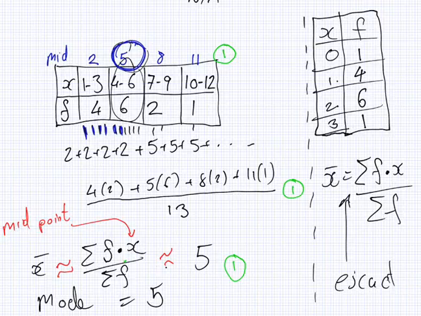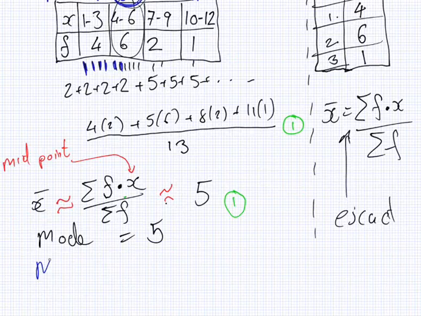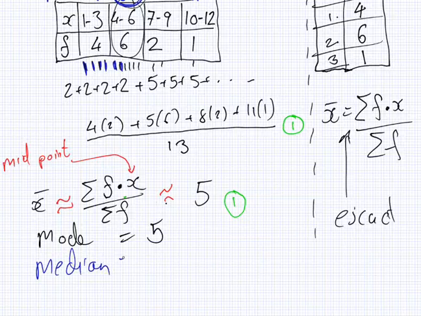Now, again, it's not exactly 5. Later we will learn a more accurate way to calculate it, but just for the introduction, we can know it's roughly 5. In fact, in this case it will be a tiny bit less than 5, but nearly 5. So in this one here, the median is 5.